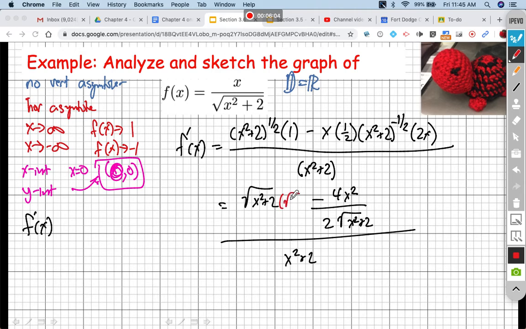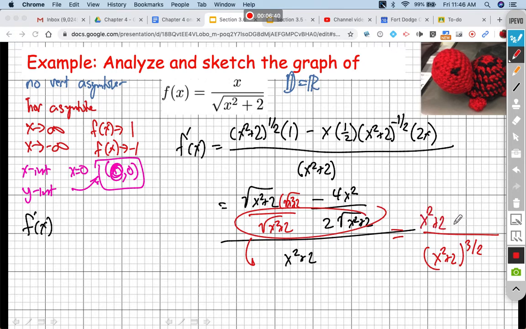So I'll go square root of x squared plus 2 over square root of x squared plus 2. I'll take this down to the denominator. So in the bottom here, now I have x squared plus 2 to the 3 halves. Because here I have a square root times, I've got one basically. That squared is going to be x squared plus 2 minus 4x squared.